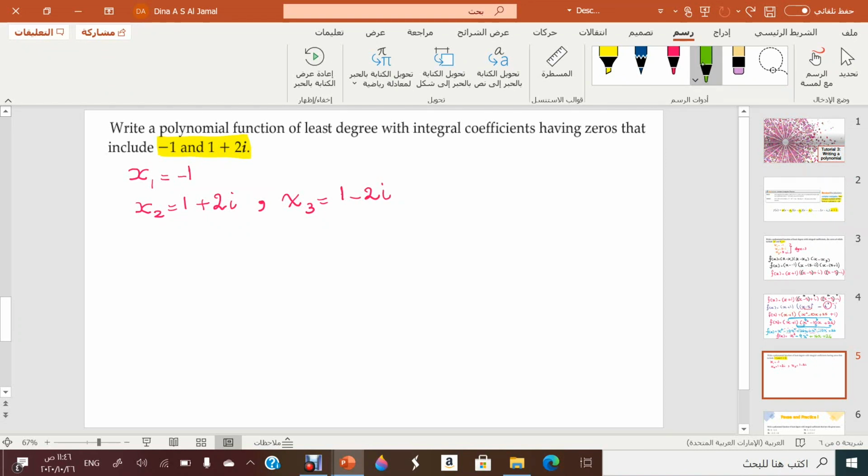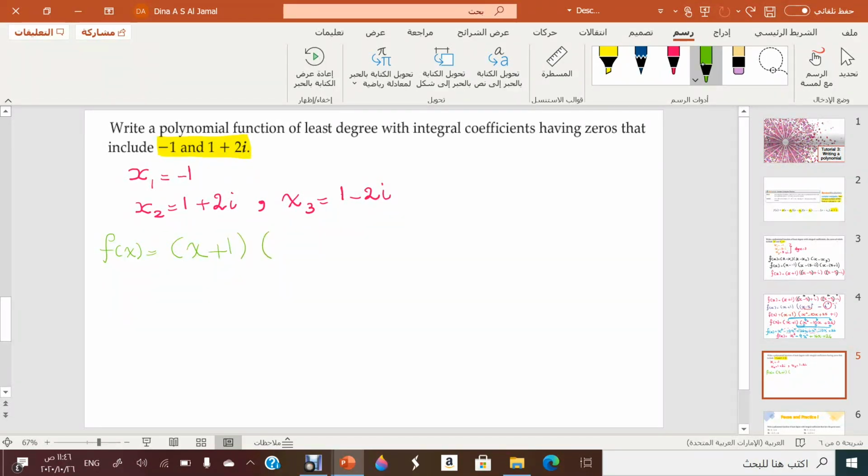So if I would like to write f of x again, it will be x minus, so now let's solve it directly. x minus minus 1, so it will be x plus 1.